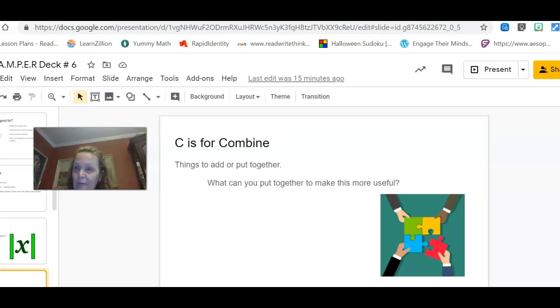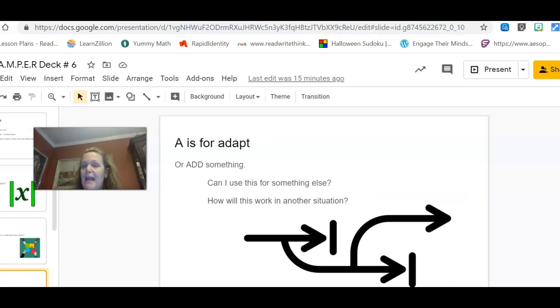The next letter for Scamper is A. A is for adapt. And adapt is a fancy word for changing something. Here I have this idea that I want to work. Can I add something to make it better?